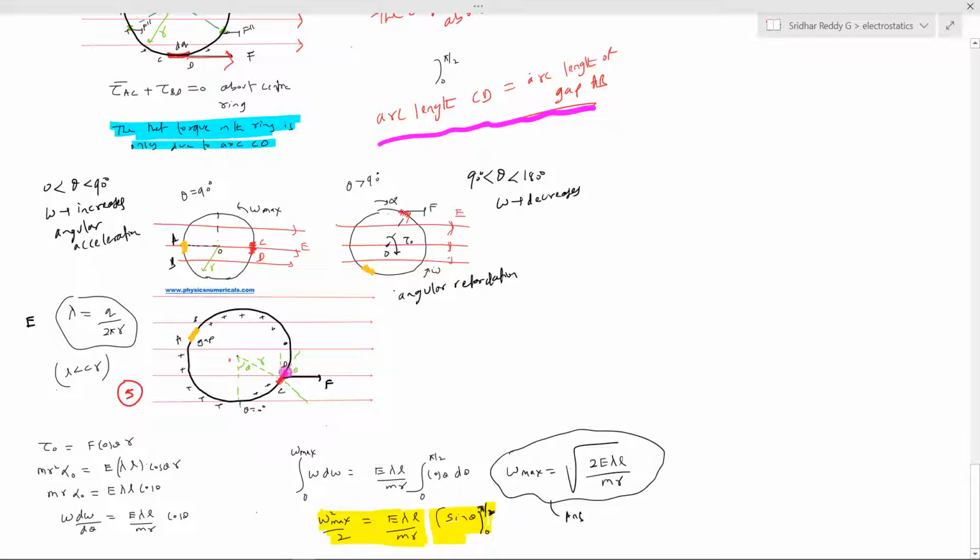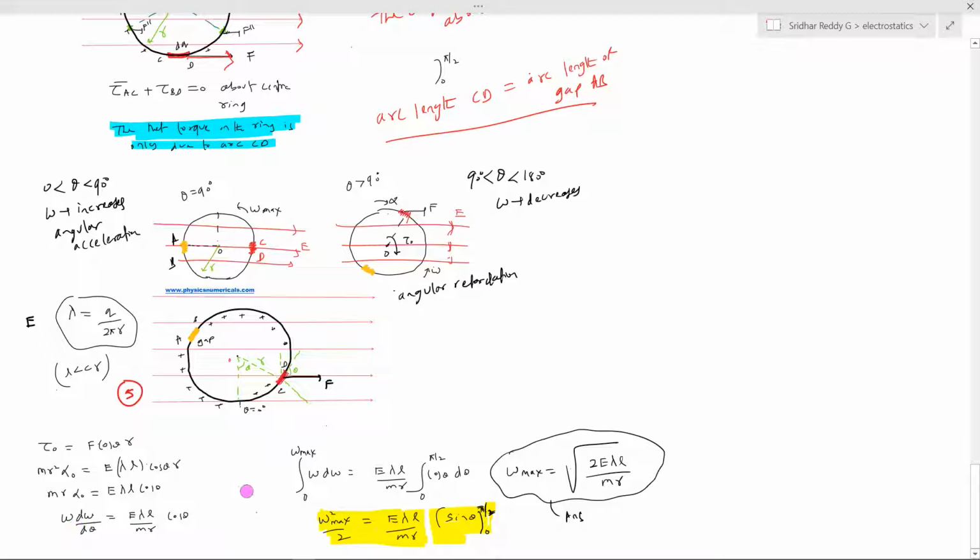So the charge present on the arc length CD should be equal to lambda L. Therefore F should be equal to Q into E, where Q is lambda into L. So R gets eliminated. We'll get alpha naught, where alpha naught is omega d omega by d theta, equal to E lambda L mr cos theta.